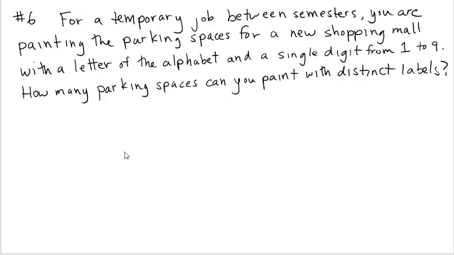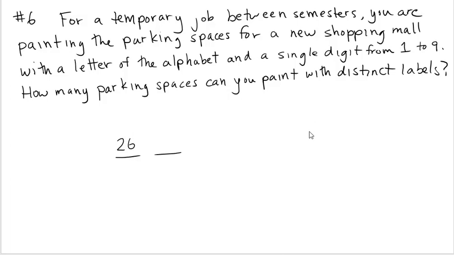So let's see, we're going to make 2 symbols on the parking space. We're going to put a letter of the alphabet in the first blank, and we're going to put a digit from 1 to 9 in the second blank. This might not be common knowledge, but there are 26 letters in the English alphabet. That's something you'll need to use from time to time on the problems in the book.